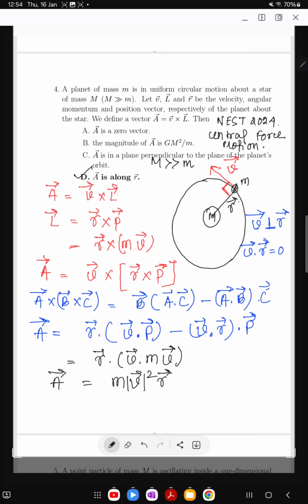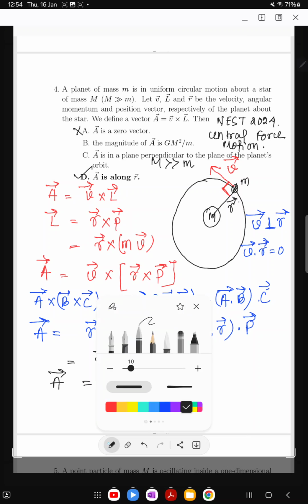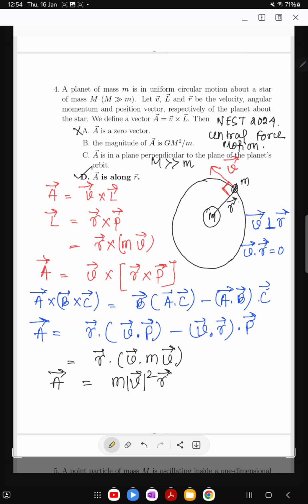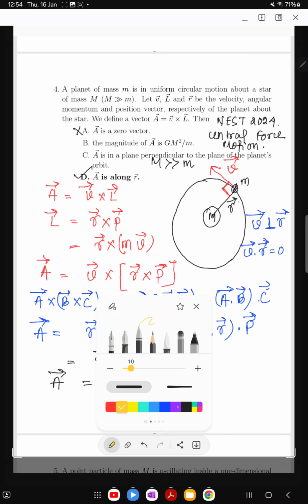Let's check another option. The A vector is not a zero vector, so that option will be incorrect. Now we can find the magnitude of the A vector using the condition of circular motion.